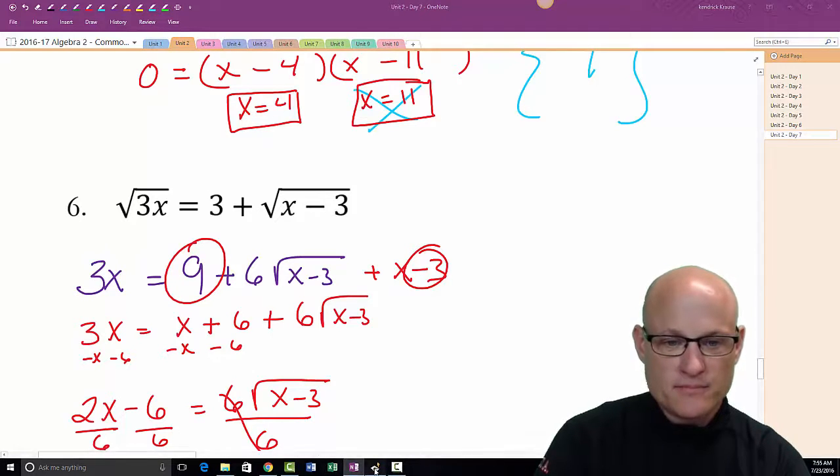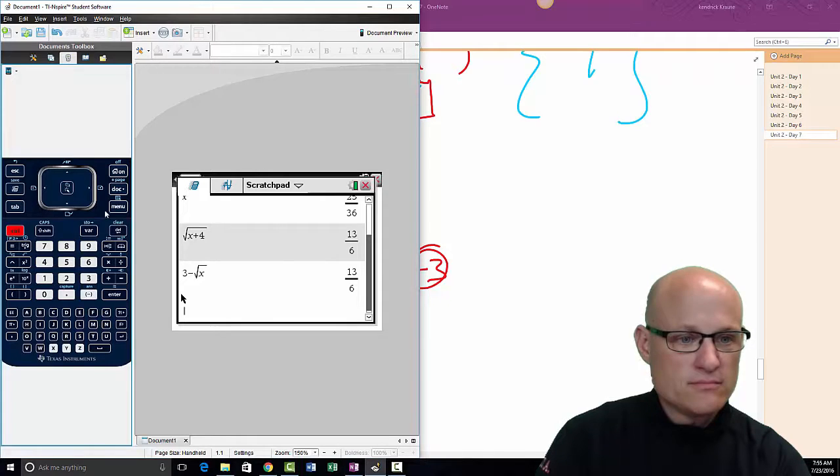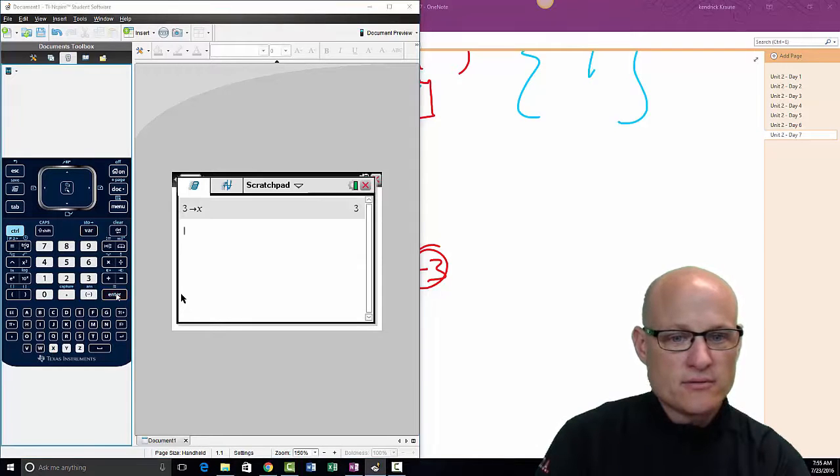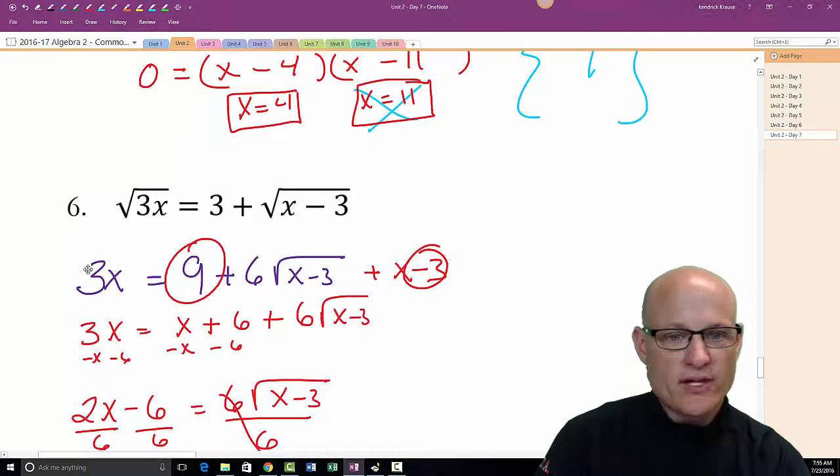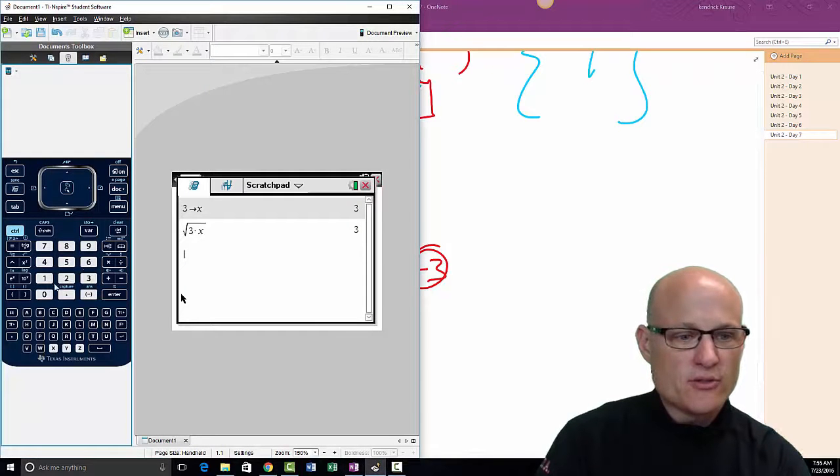So we're going to do these quickly. 3, control var x. So square root of 3x. Enter, 3. And the other side is 3 plus the square root of x minus 3.